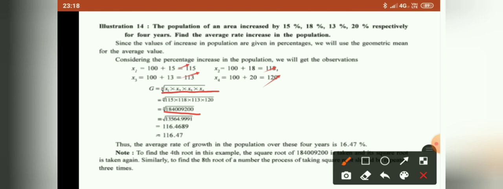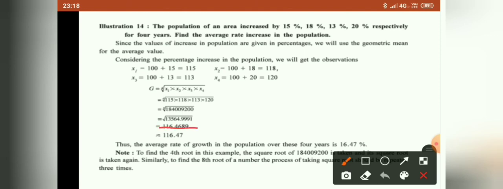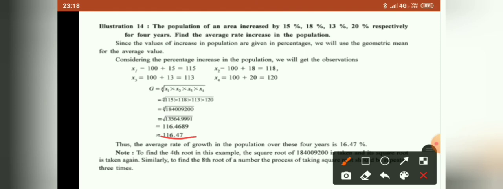We will write this and press the root button twice because it is the fourth root. If we press the root button once, we get this answer. Then we press the root button again and we get the answer 116.47, and that is the final answer.